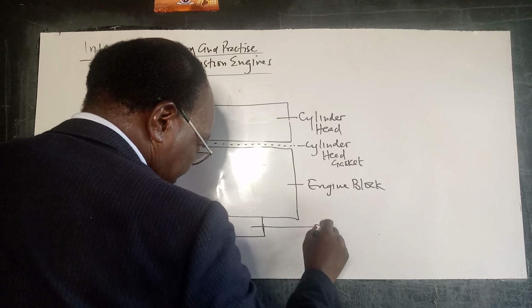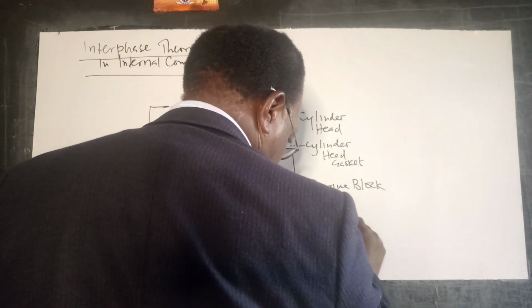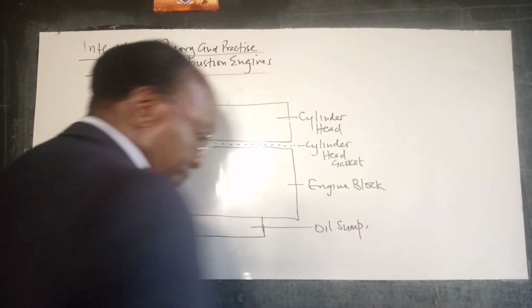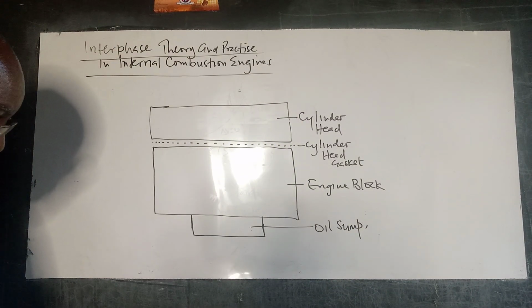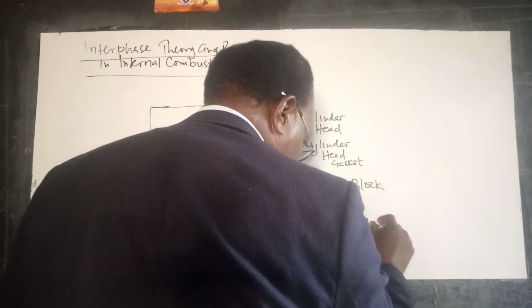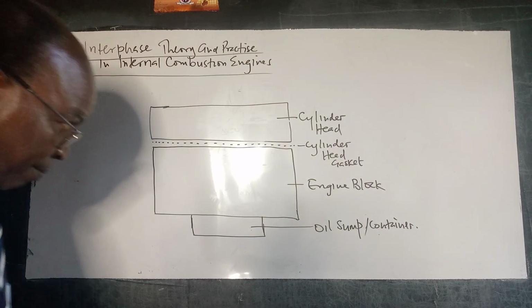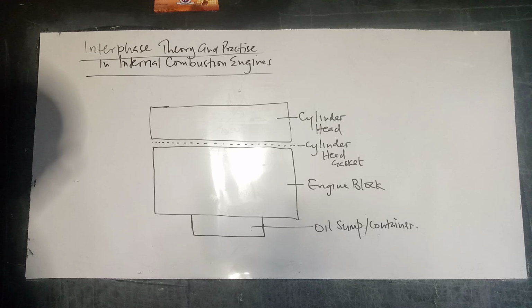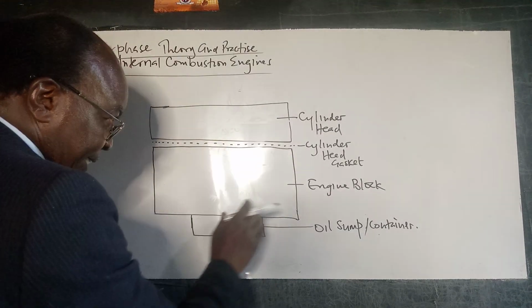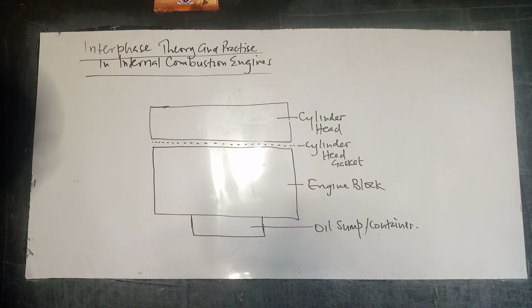That's the oil sump, which is basically a container for the oil. So we have the cylinder head, the cylinder head gasket, the engine block, and the oil sump at the bottom.